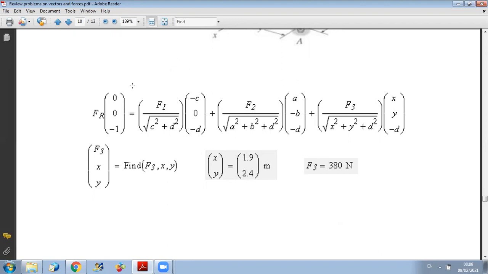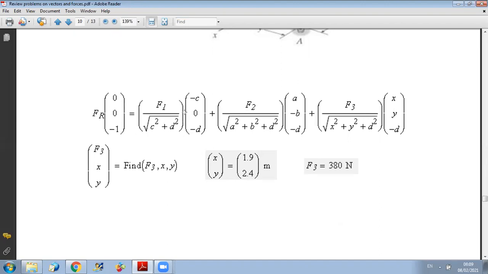What they do is, instead of putting I, J, K, they put them in columns. So for example, for FR, we have written FR as the magnitude of FR times the unit vector, which is 0, 0, minus 1, okay? So instead of writing minus FRK, you can represent it in this way.